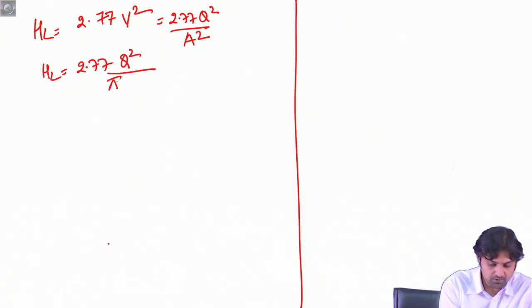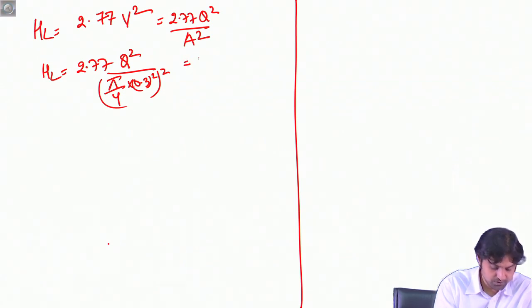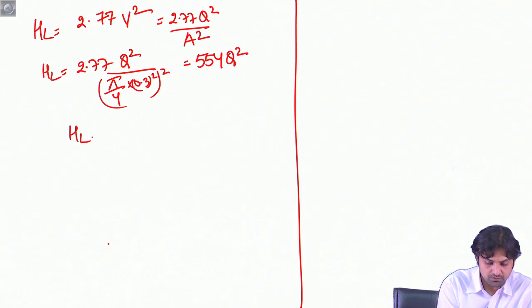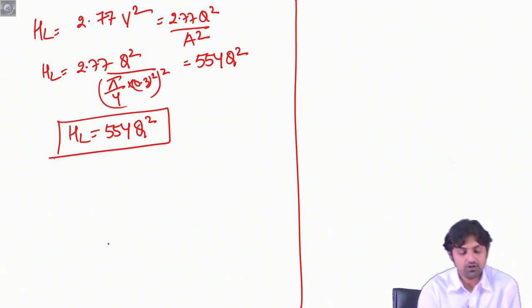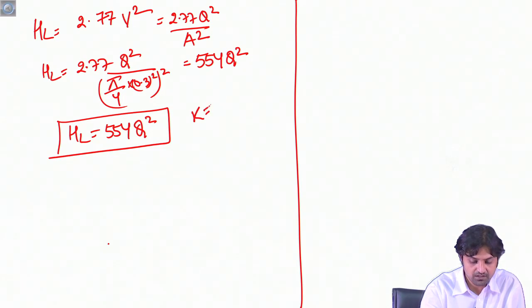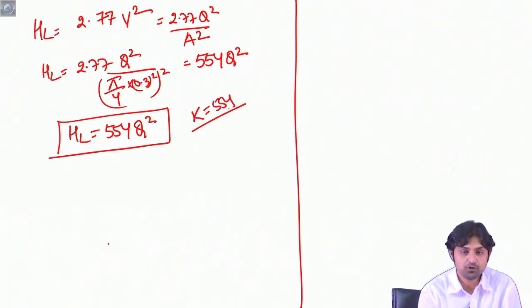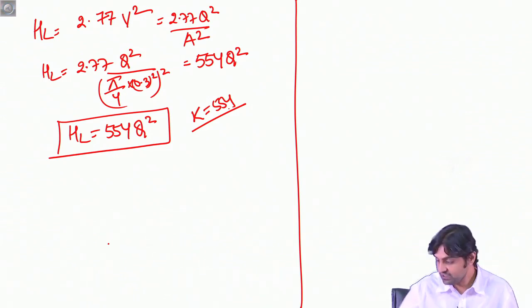Area is nothing but pi by 4 into 0.3 whole square. So this comes to be 554 Q square. So you see, this is our expression for HF or HL, where K is 554, we have derived because all the properties of the pipe were given, all right.